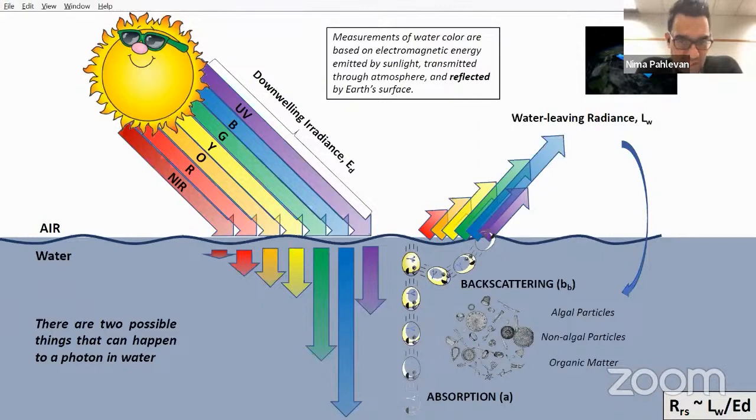The key takeaway is that what's observed from the satellite is a quantity referred to as water-leaving radiance, or if you divide that by downwelling irradiance, it will be Rrs. That Rrs is what's being used to retrieve, from satellite observations, the concentration of algal particles, non-algal particles, or organic matter.